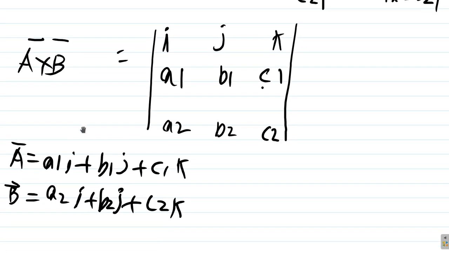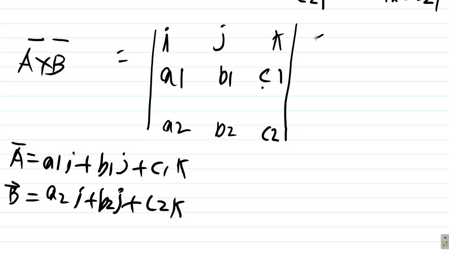So notice the top row, row 1, only has the unit vectors ijk. Row 2 has the coefficients of A alone, A1, B1, C1. Third row has the coefficients of B alone, A2, B2, C2.